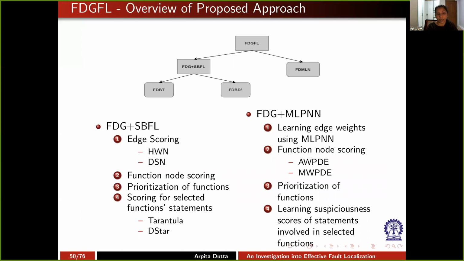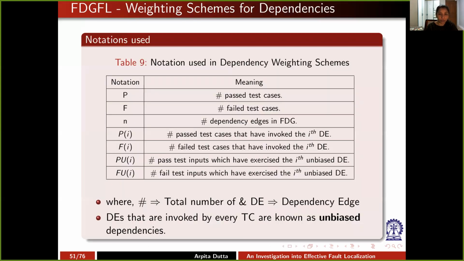Based upon this function dependency graph, we have defined two methods. First, we tried to use the existing SBFL techniques with FDG, and second, we trained the values of executed edges with a neural network. These are the notations we have used.